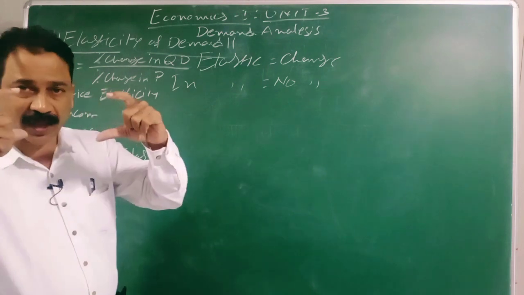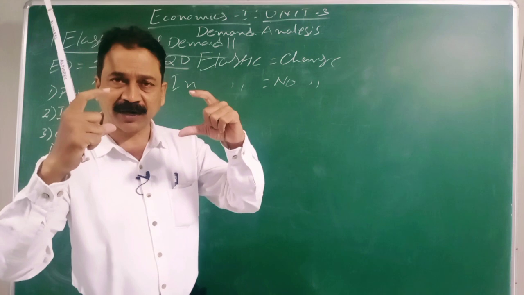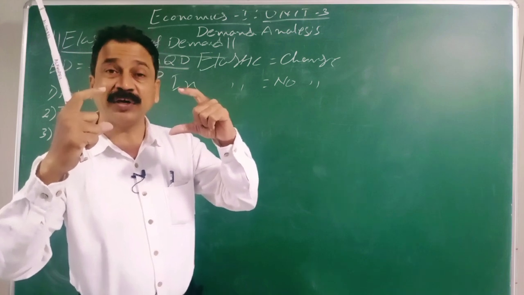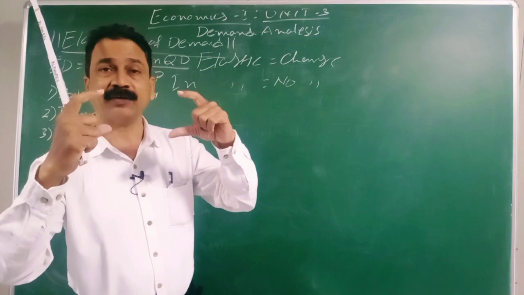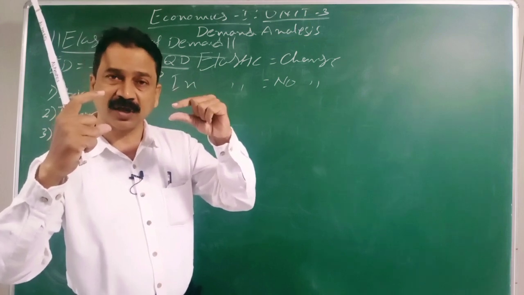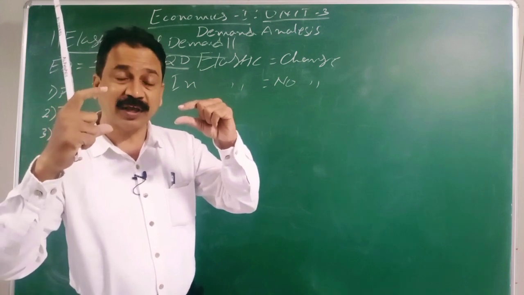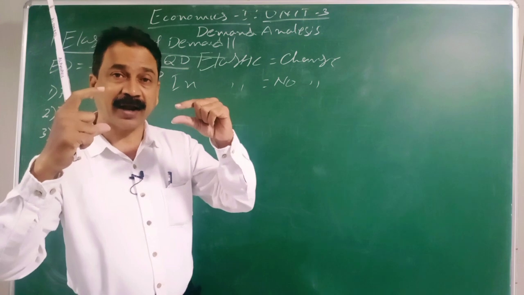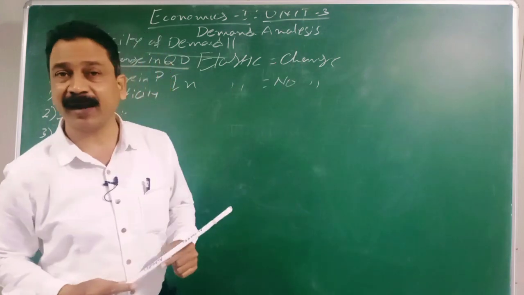If both are same, percentage change in price and percentage change in demand are same, then it is called unitary elasticity of demand. If price changes less and demand changes more, then it is relatively elastic demand, means relatively change in the demand.